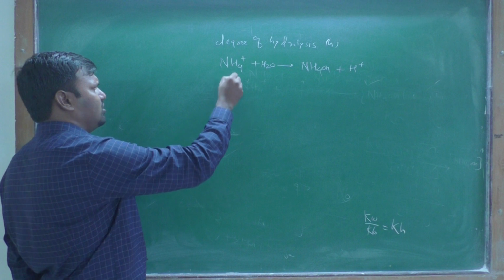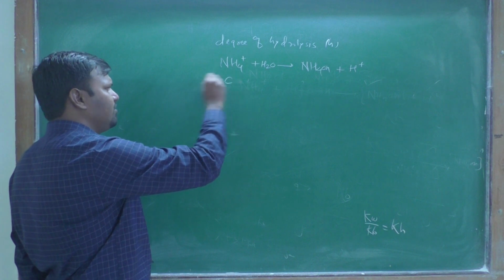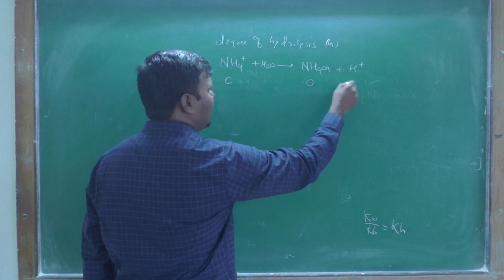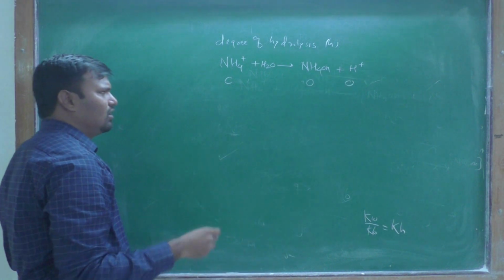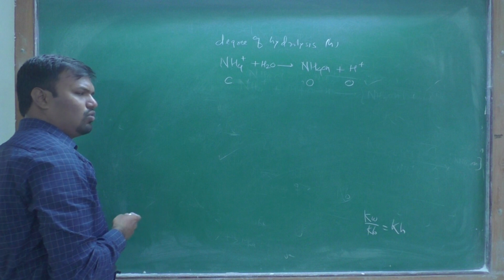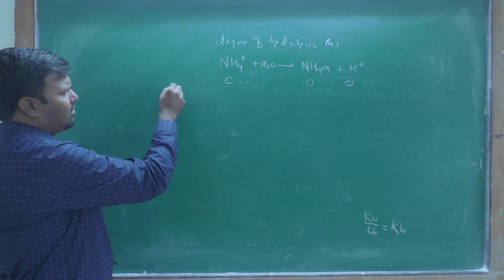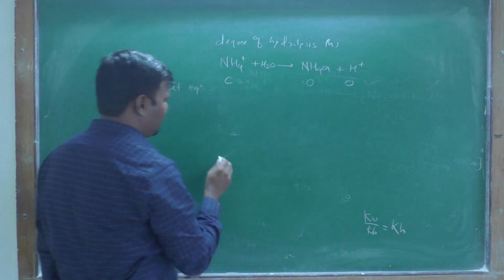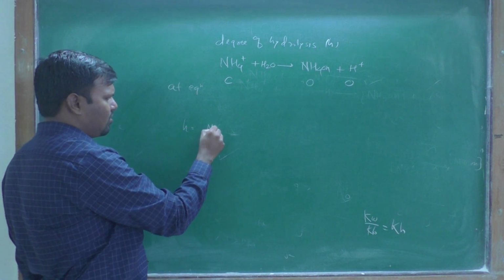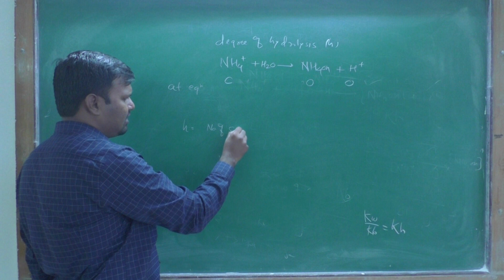The initial concentration of NH4 plus is C, and the initial concentration of the products is 0 at the start. At equilibrium, we know that h is equal to the number of salt hydrolyzed.